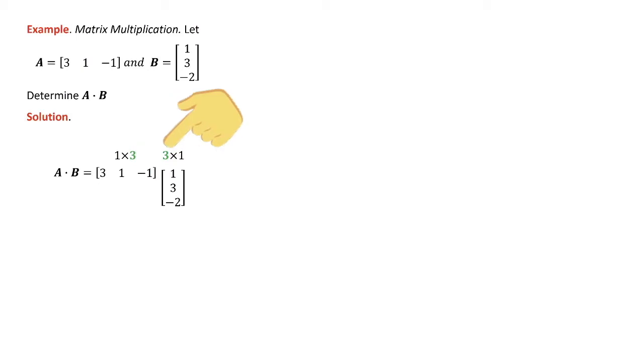The inner numbers have to match for this to work. Okay, so they have to match. And what comes out equals these outer numbers. So what comes out in this case is going to be a 1 by 1, where the first one comes from there and the second one comes from there. So it's a 1 by 1. Okay, so we're looking for just one thing in here. There's just one number plopped in the middle.